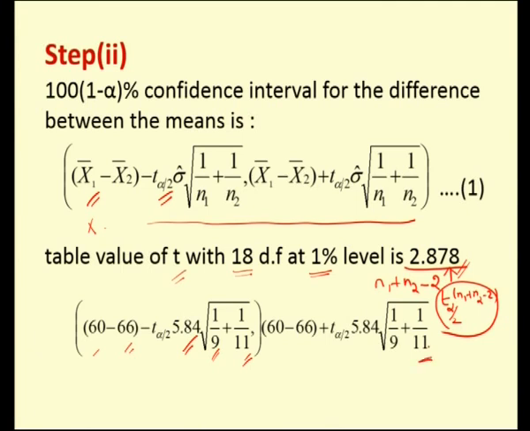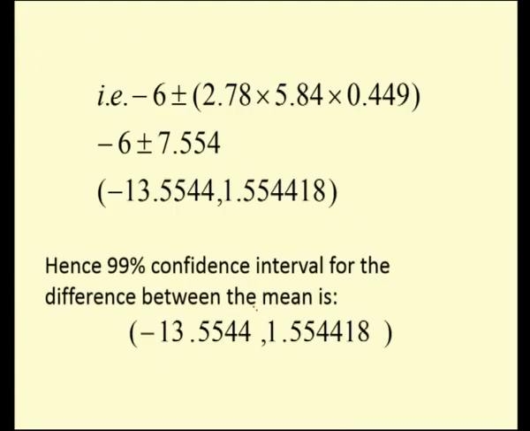On further simplification, this is going to be minus 6, t alpha by 2 is nothing but 2.878, and here into 5.84 I have to take the square root of 1 by 9 plus 1 by 11. So the resulting term is going to be 2.878 into 5.84 into the square root term, which is going to be 0.449. So on simplifying this particular term, you will have 7.554.